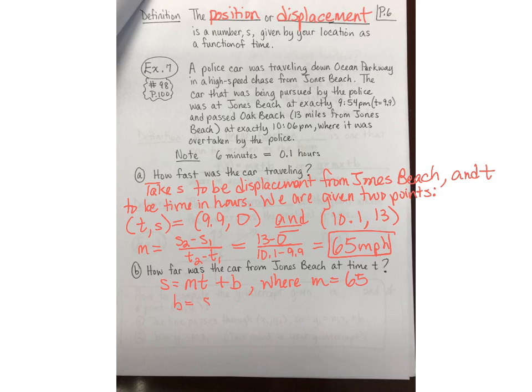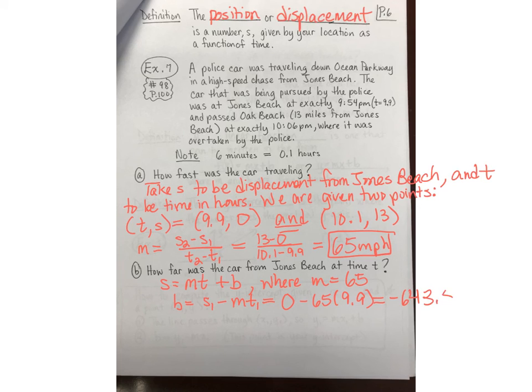So that's S sub 1 minus m times t sub 1. That's equal to 0 minus 65 times 9.9. Evaluate that, you get negative 643.